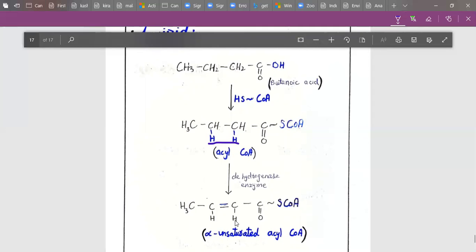Due to the removal of alpha hydrogen, we can say alpha unsaturated acyl group, unsaturated due to the presence of this double bond. That's why the name of this formula is alpha unsaturated acyl coenzyme.